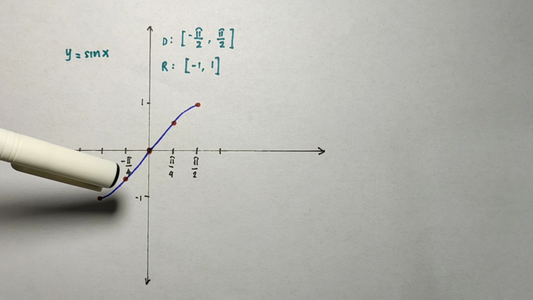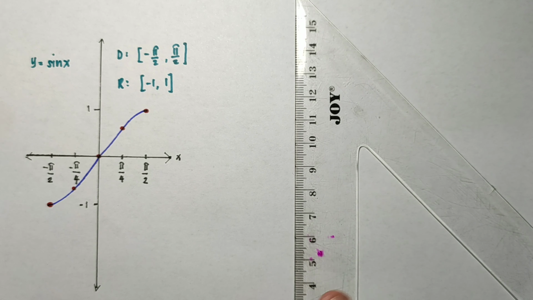So since the range will become the domain and the domain will become the range, we are going to interchange the coordinates. So let us draw the Cartesian plane once again.